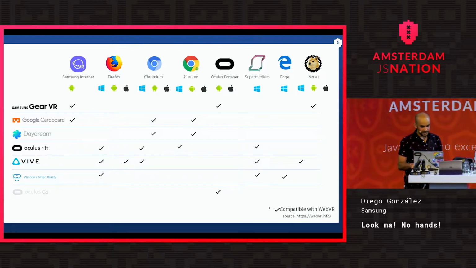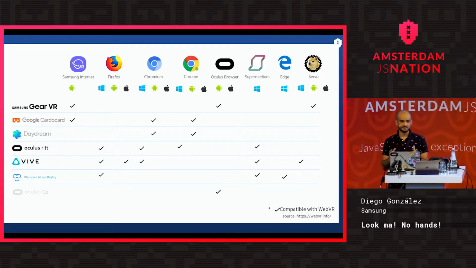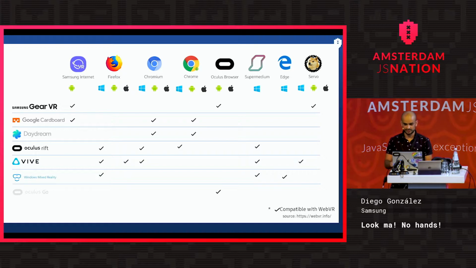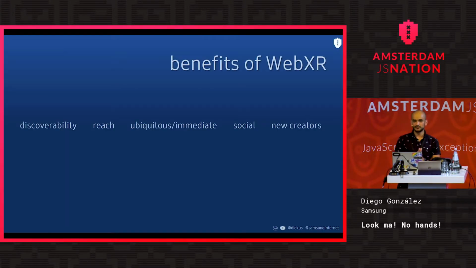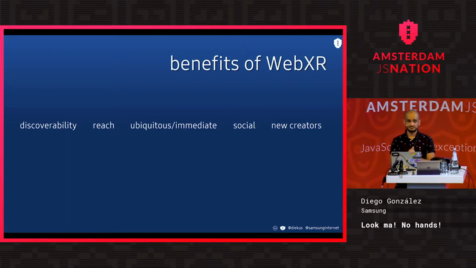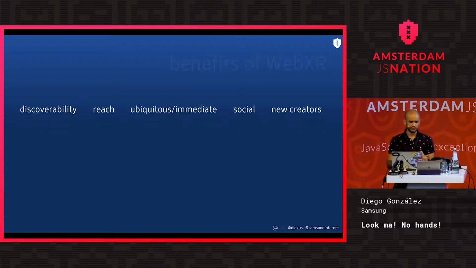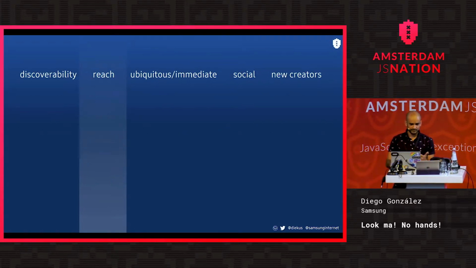It's a bit trickier depending on feature detection and some things that you want to do, but the benefits of WebVR are gravitating towards discoverability of the experiences that you might create, the reach that you have, the ubiquity and the immediacy with which your users can access these experiences, socialness, and how we are enabling new creators.